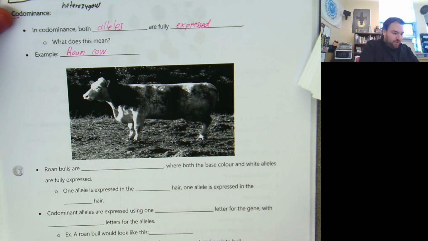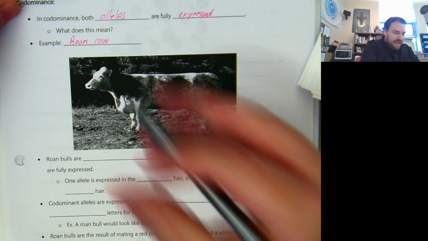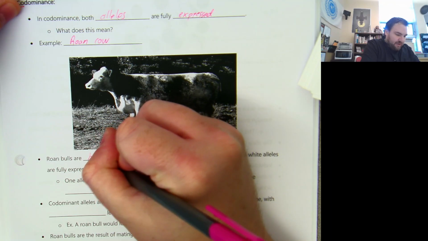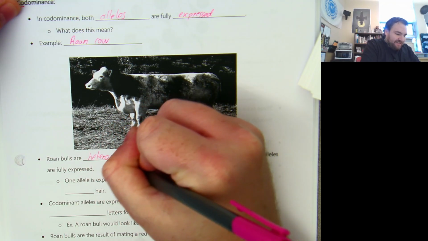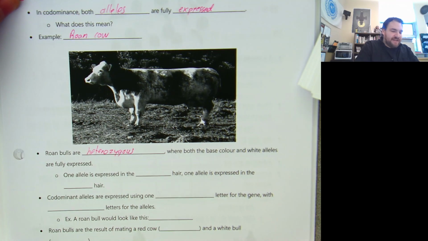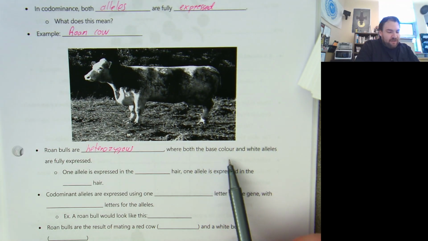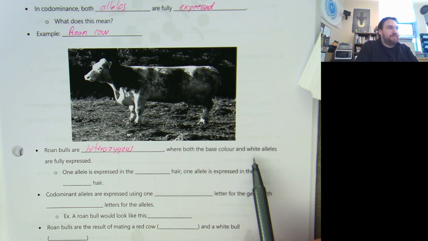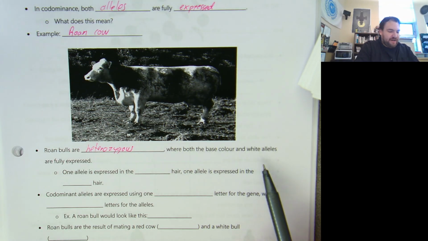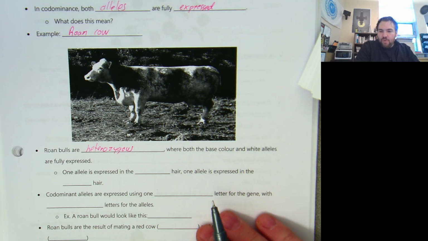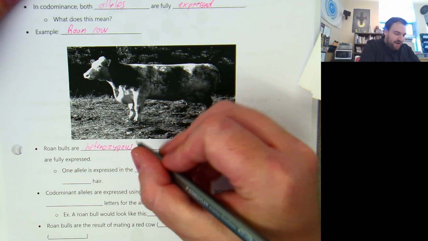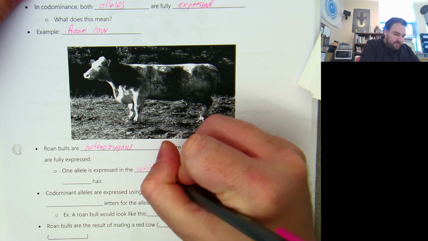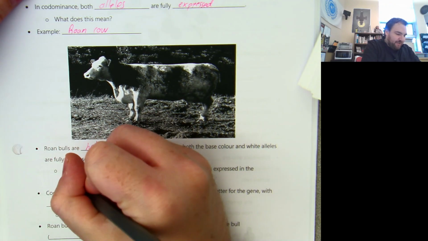Roan bulls or cows are heterozygous. Heterozygous. Not the first time we've written that word today. Both the base color and white alleles are fully expressed. Brown being the base color, white being the color on top. One allele is expressed in white hair. One allele is expressed in brown.